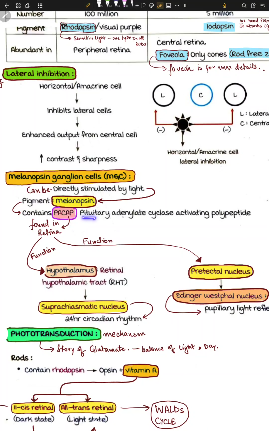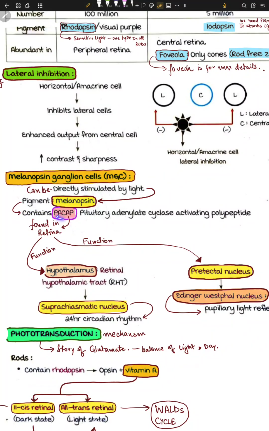PACAP is pituitary adenylate cyclase activating polypeptide. So it's a polypeptide. It is a protein, right? And this PACAP is found in the retina, because these ganglion cells are found in the retina, and this ganglion cell is going to make axons, right?